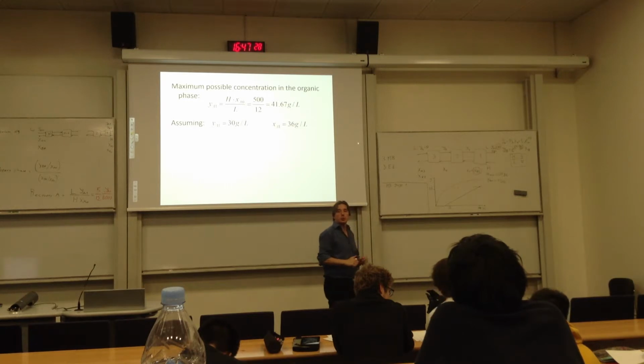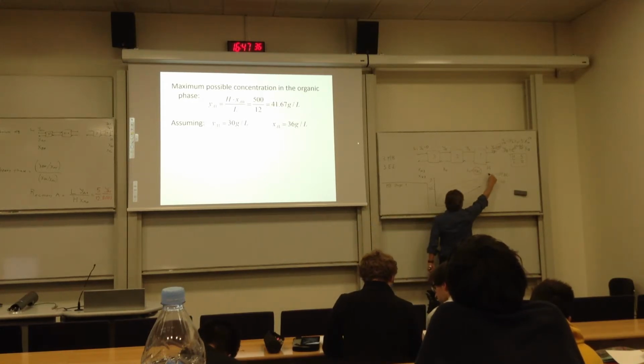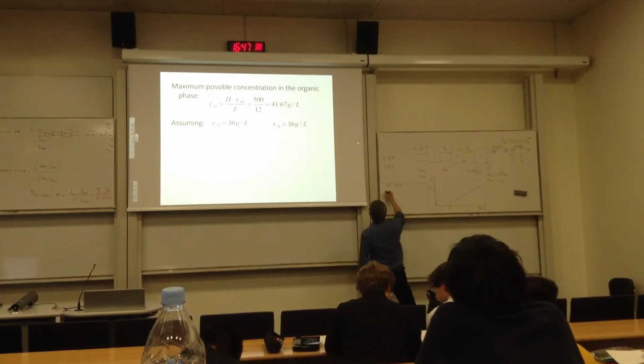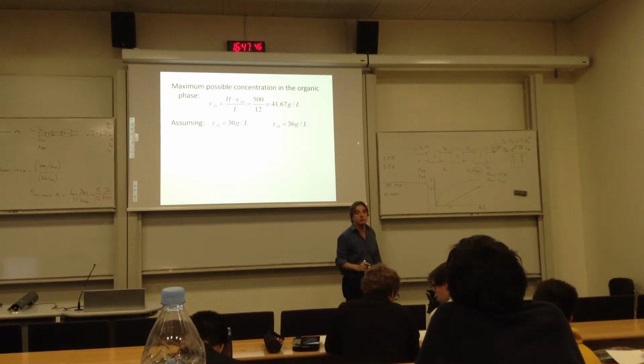So what are the input streams to stage 1? Well, we will have H times XA0, so H times 100, plus, so that's an input. What's the other input? L times y2.